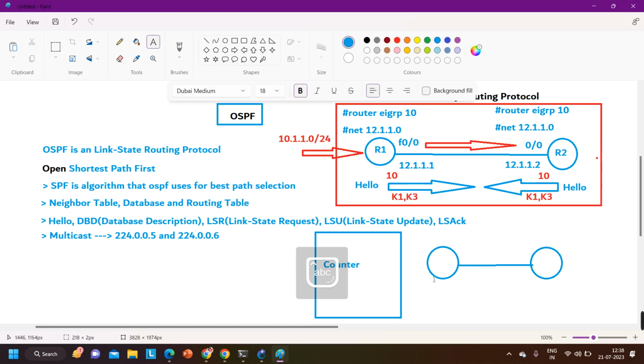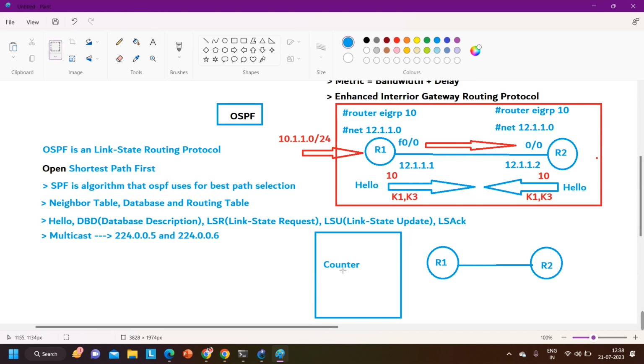Here I have router 1 and router 2, and let's say these two routers are connected to two banks, or any organization you can consider.